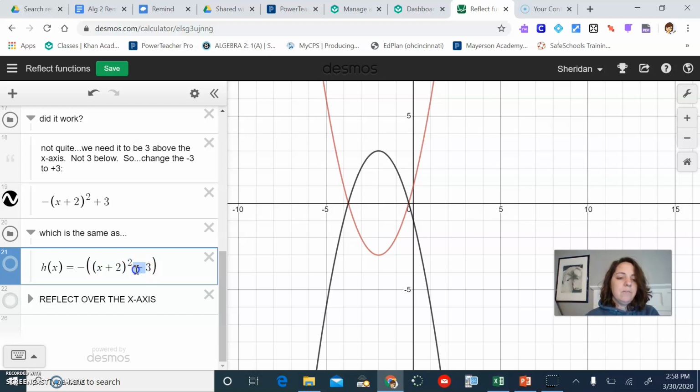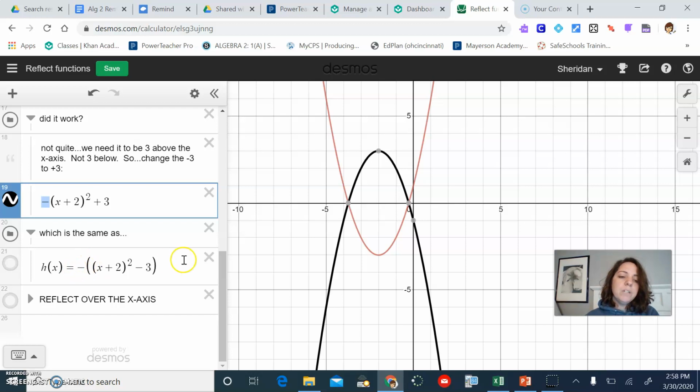We made this negative a positive, and we made this positive out here a negative. And when you change the sign of a whole bunch of stuff, you can put a negative out in front and put parentheses on it. And watch, it's the same thing. This black equation and this green dotted equation are the same.